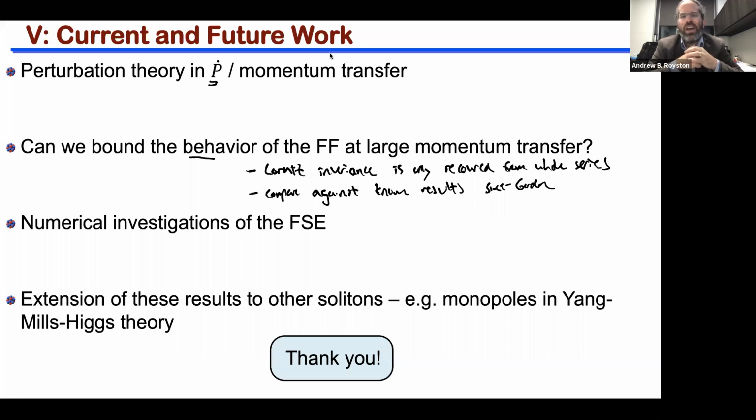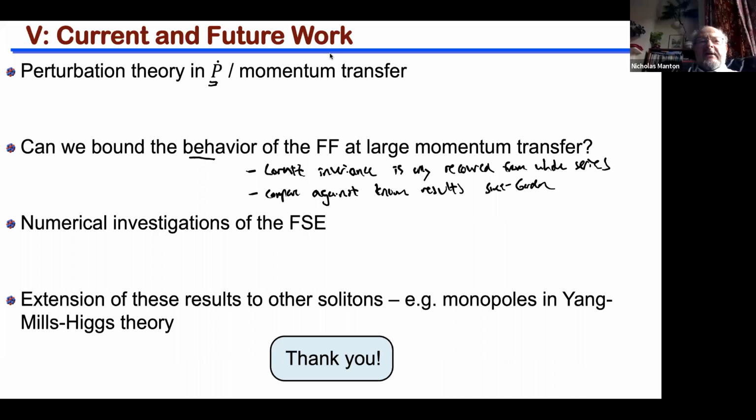So we're not there yet, but I would very much like to see what solutions look like, and if we can recover some of that behavior that I was showing you on the title slide. The title slide was about some other reverse process, this meson fluctuation interacting with the soliton and causing some back reaction on the soliton.